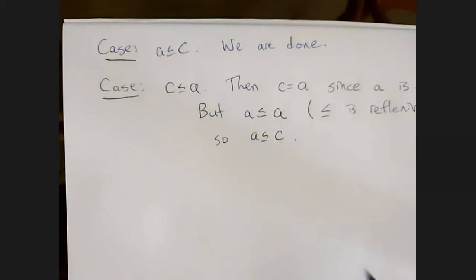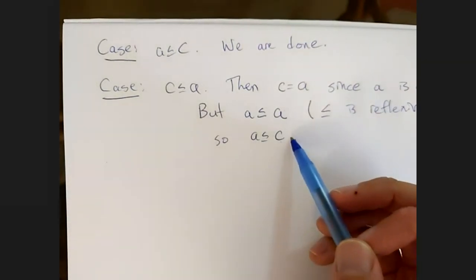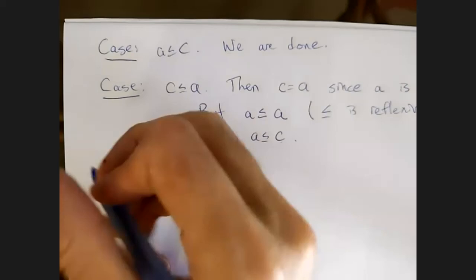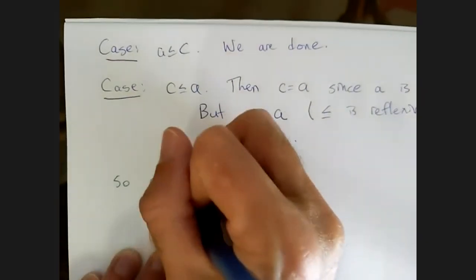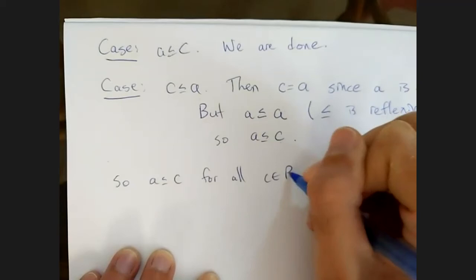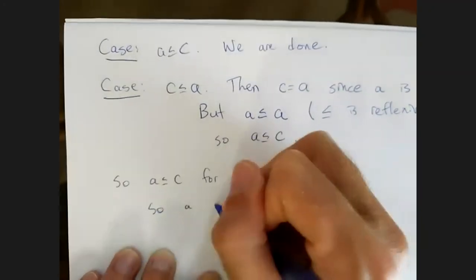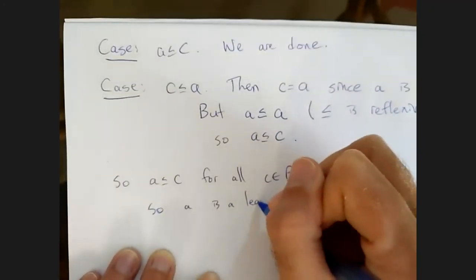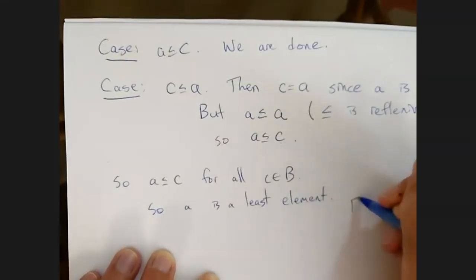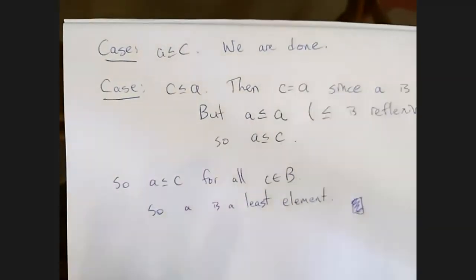So in both cases, A is less than or equal to C, so A is less than or equal to everything. So A is less than or equal to C for all elements of B. So A is the least element. That's the end of this proof.